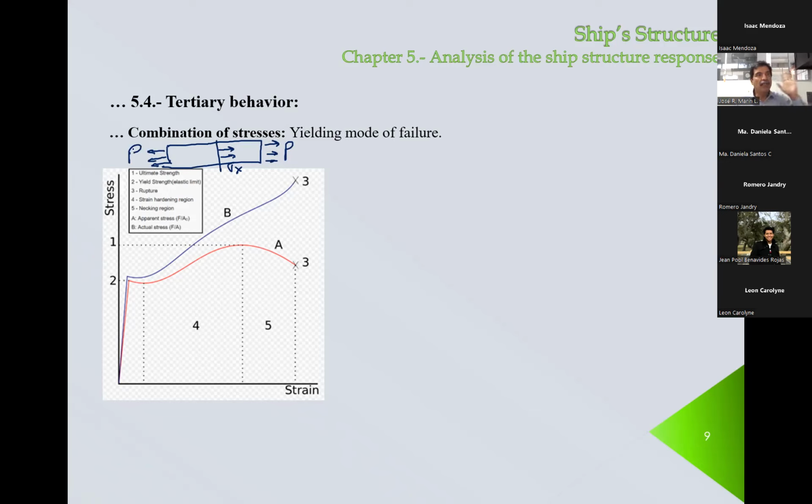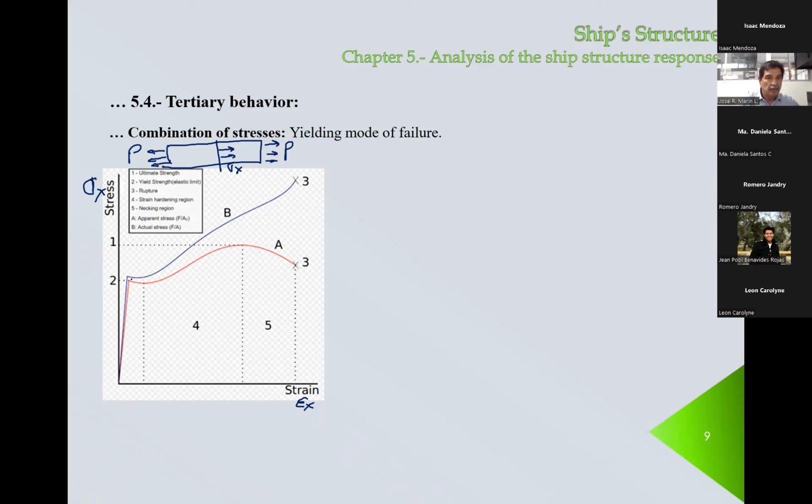That's the only stress that you have. There is no sigma y, no sigma z, etc. So here you have sigma x, and this is epsilon x.